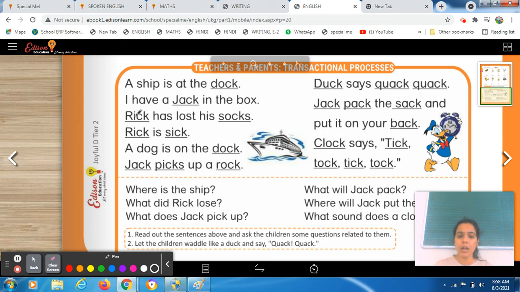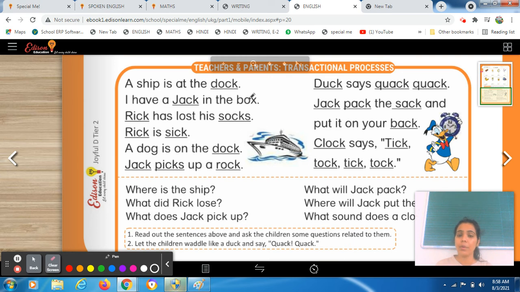Okay? Now, R, I, C, K. CK will give you the sound K. Rick, H-A-S has, L-O-S-T, lost. Lost means to go missing. Rick is the name of a person. Rick has lost his sock.